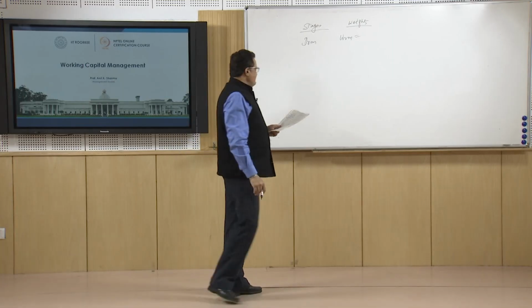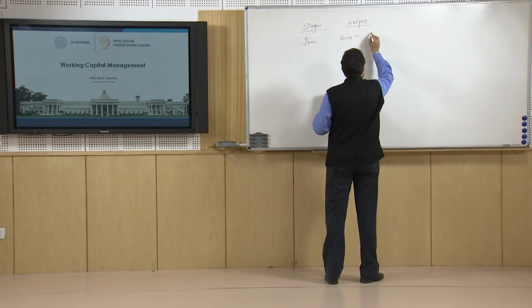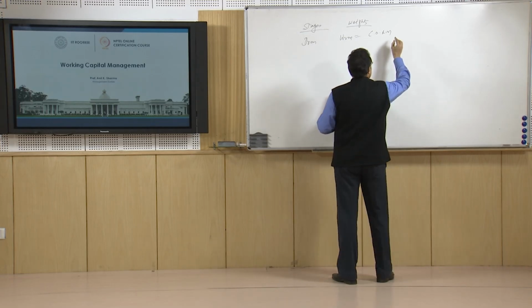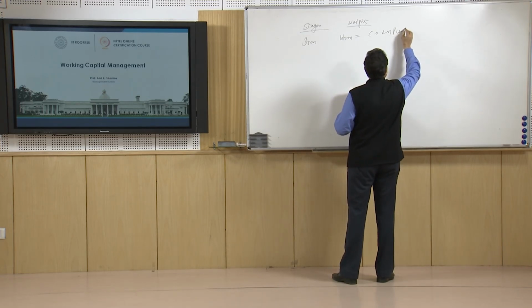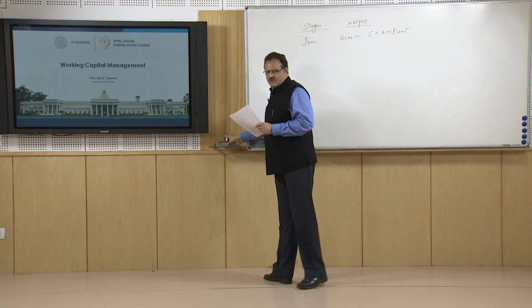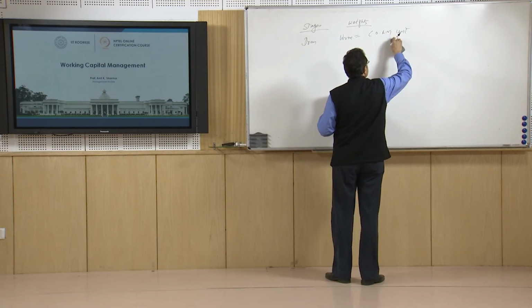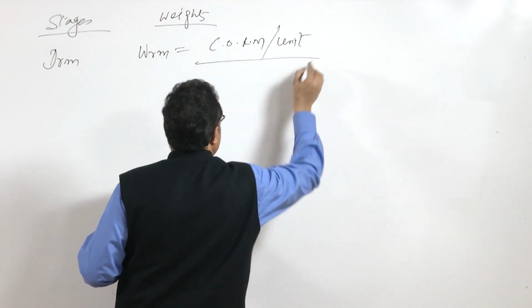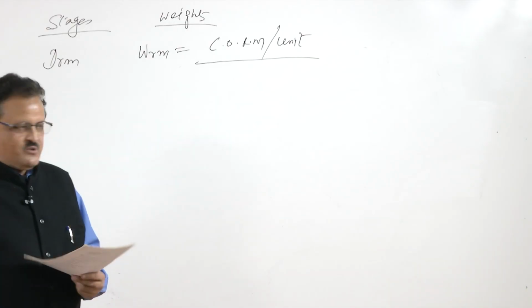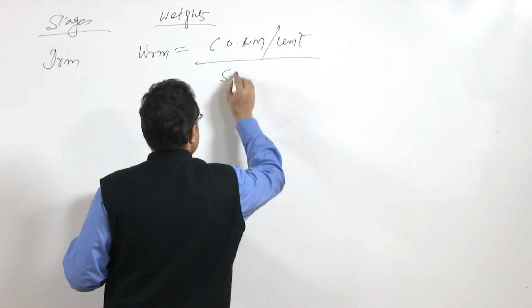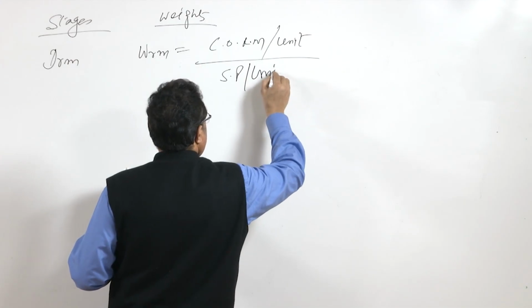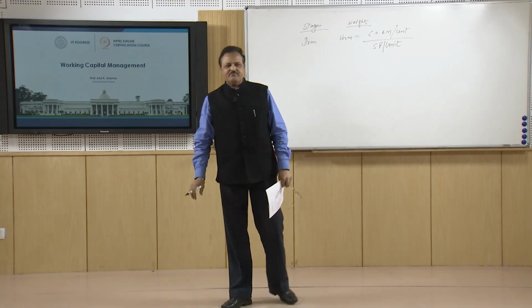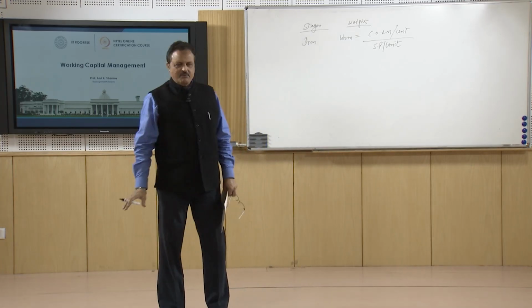So, the weight of the raw material will be the cost of raw material per unit divided by the selling price per unit, because while taking the weights, the selling price will be the common denominator.